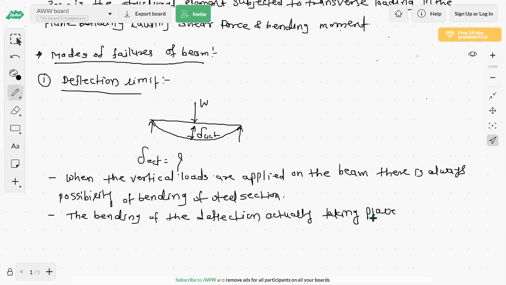The bending or deflection actually taking place should be less than the allowable or permissible deflection.